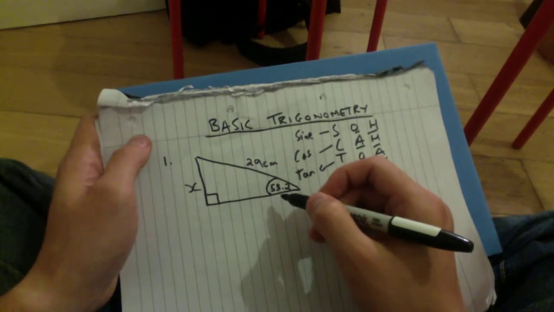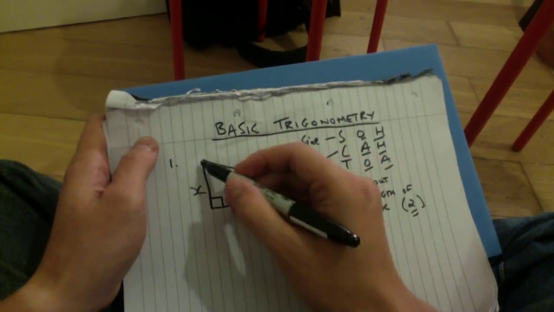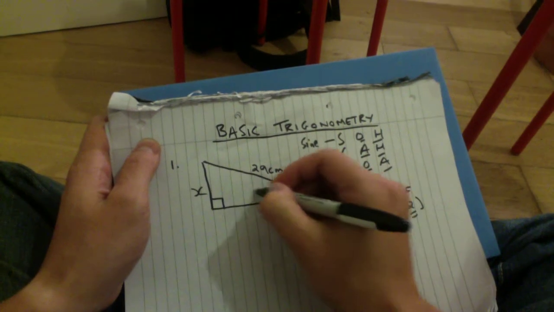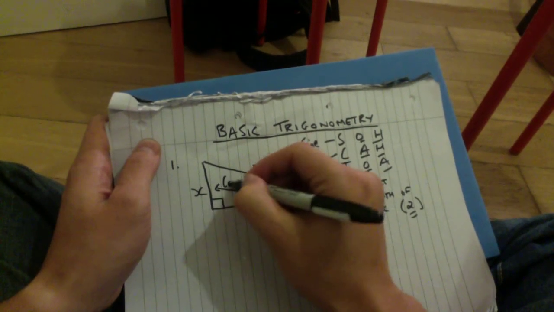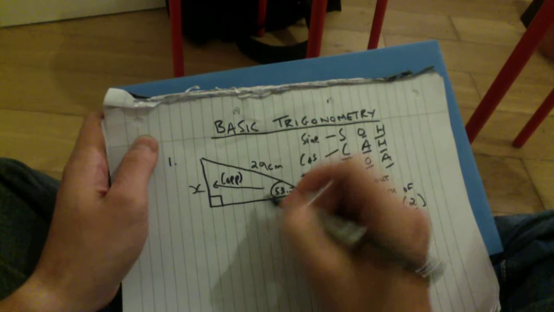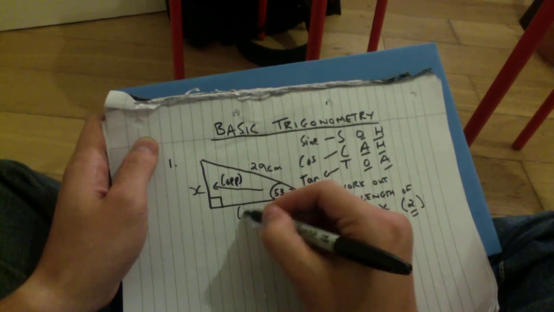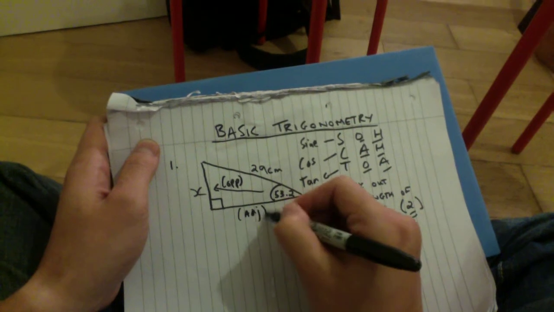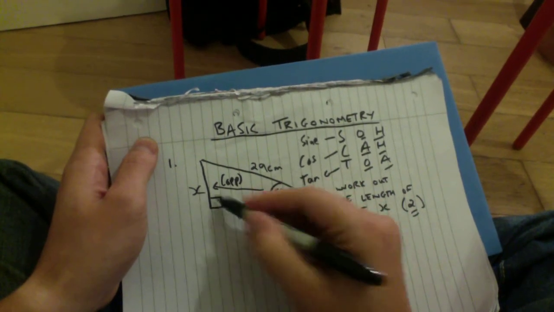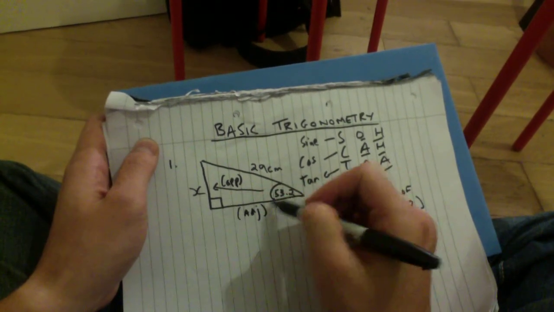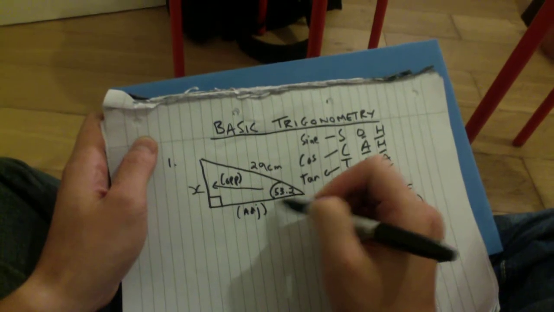So we need to label the triangle first. The side opposite the angle is the opposite. Alright, this is the adjacent because that's next to the angle.